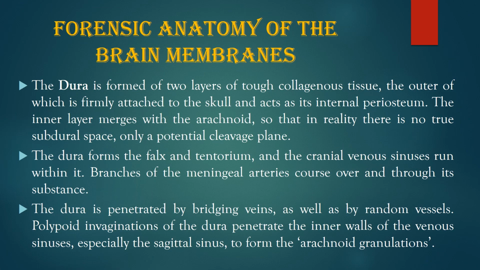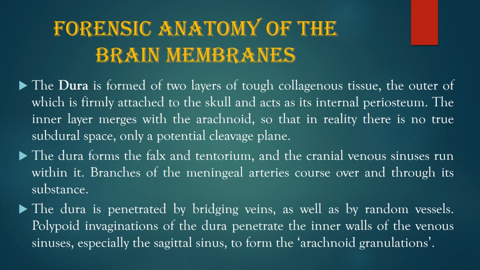Before going into that, it's imperative that we have a good understanding of the anatomy of the meninges, how the different layers are present and what are the forensically important relations. So the dura mater is formed by two collagenous layers, outer layer and inner. However, the outer layer is firmly attached to the inner surface of the skull.